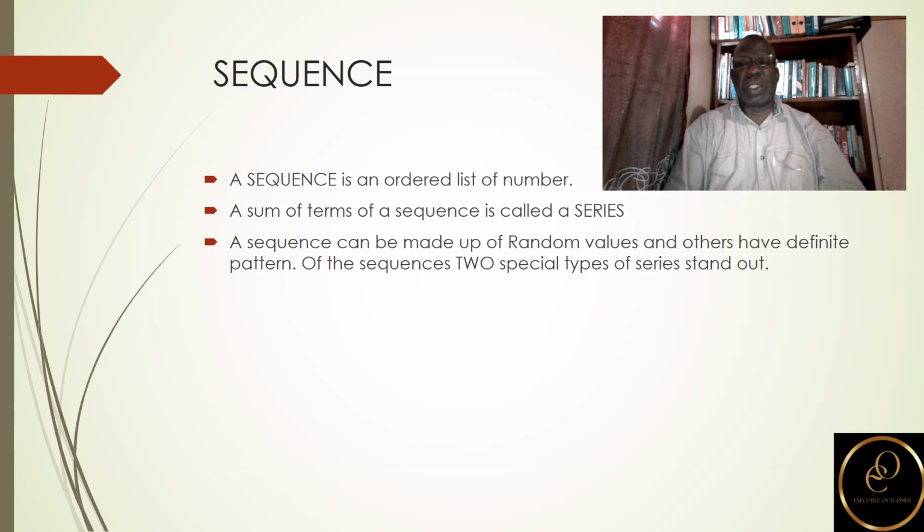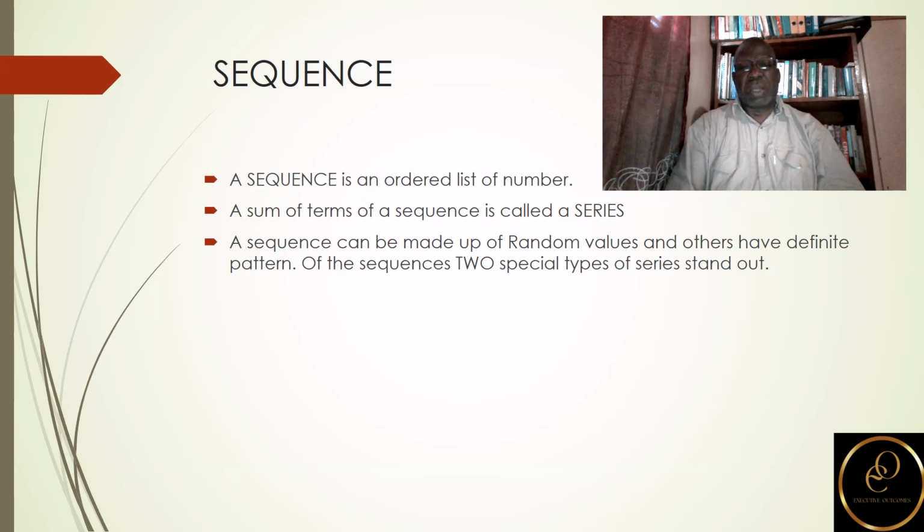If you look at a distribution of numbers, the sum of terms of a sequence is called a series, and a sequence can be made up of random values, and others have a definite pattern.